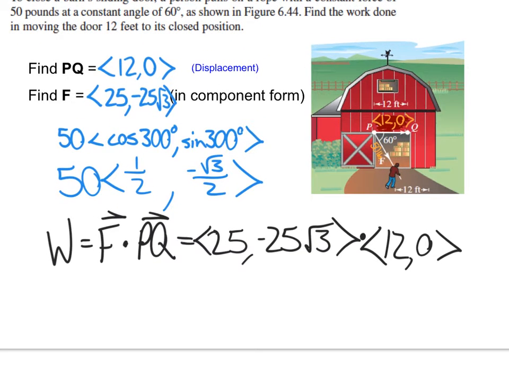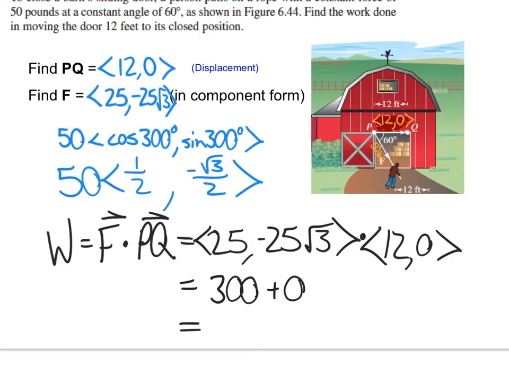Dotting that together, thank God we got a 0, I get 25 times 12, which is 300, plus 0. So that would be 300.